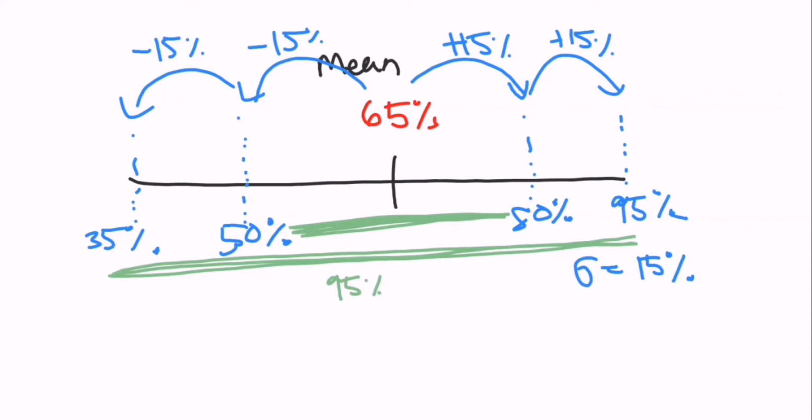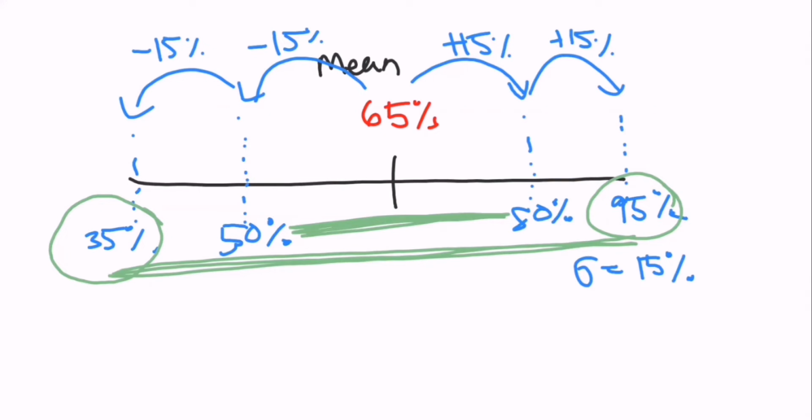Now, if there's anyone that stands outside two standard deviations of the mean, what I'm trying to say is, if there's anyone that scores, in this case, less than 35% or more than 95%, they are considered what we call outliers. An outlier is too far away from the mean, and they pull the data towards one side.